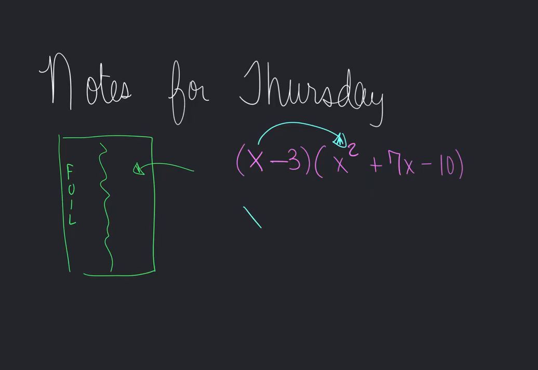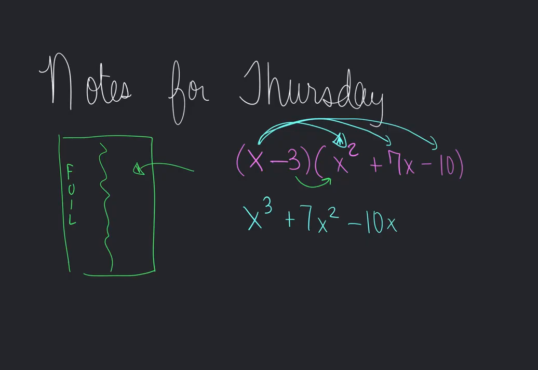So the first distributing would give me an x to the third. The next distributing would give me a 7x squared. And the last one would give me a negative 10x. Now I'm going to distribute this guy. Trust me, my best advice is to go vertical.